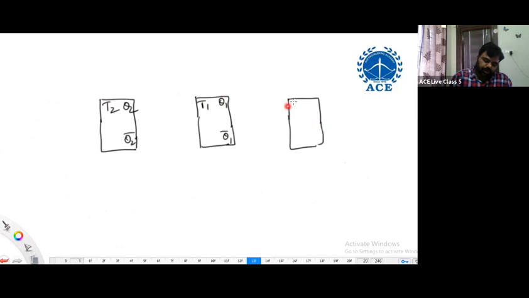Complete it, the counter circuit also. T0 with outputs Q0 and Q0 bar. T0 is connected to 1, and T1 is equal to Q2 bar Q0.